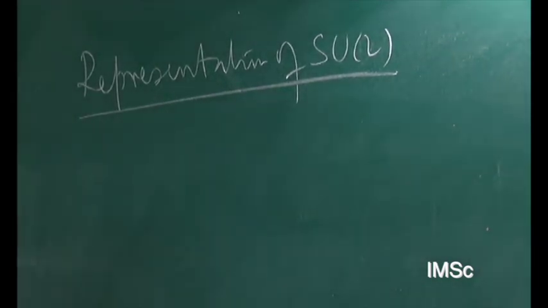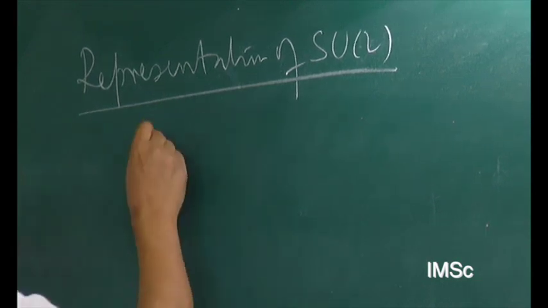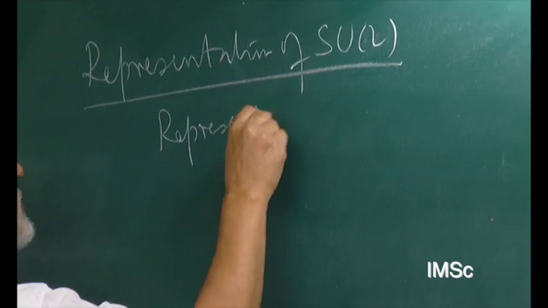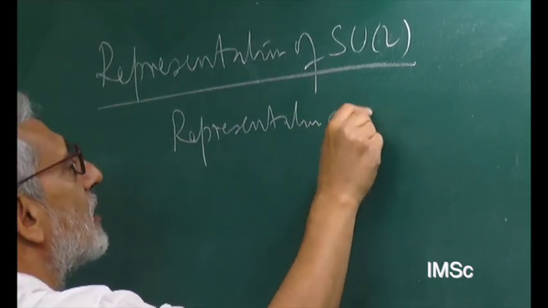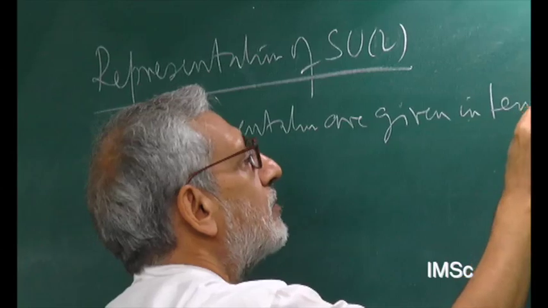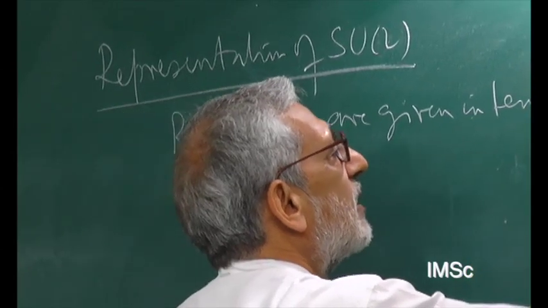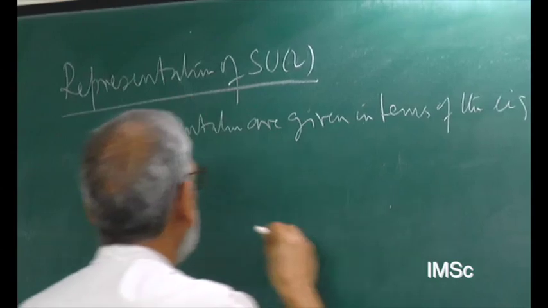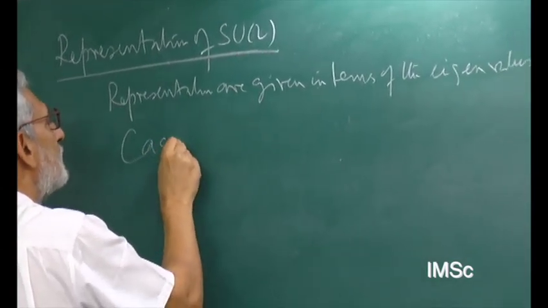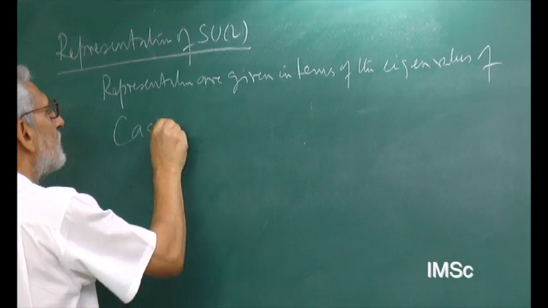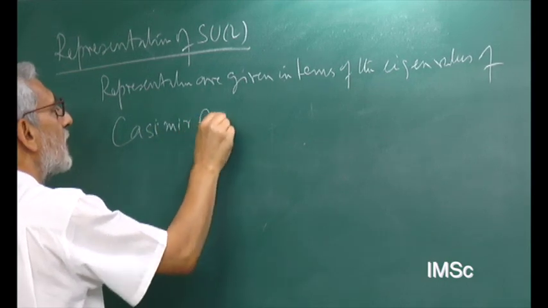Now, as you will recall, representations of a group are given in terms of the eigenvalues of Casimir operators.